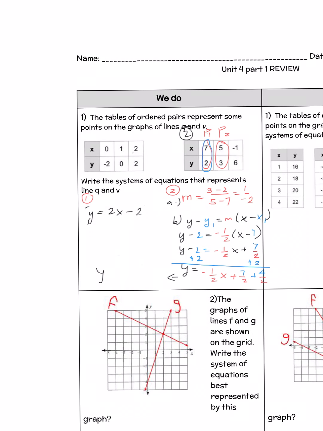This will read y is equal to negative 1/2 x plus 11/2. So that's my second equation. So that is my system of equations written in slope-intercept form. Okay?